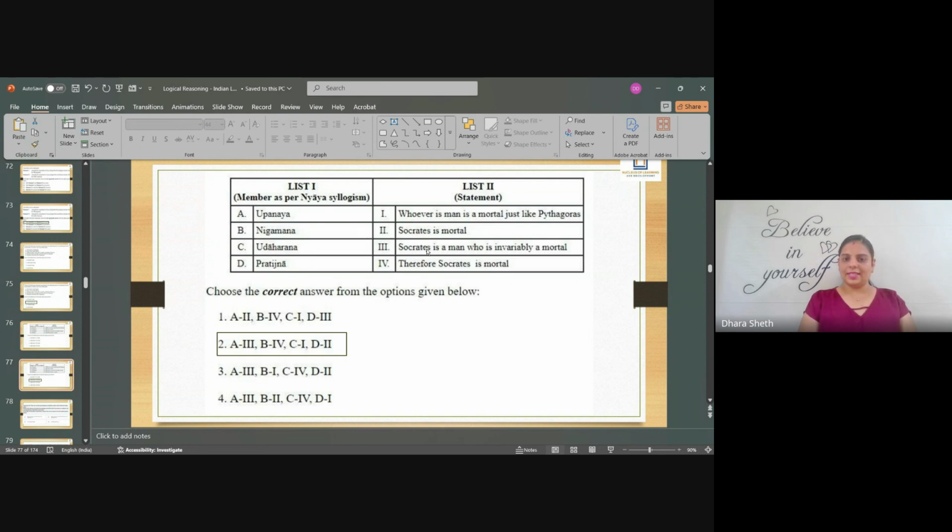This is Upanay. This is your proposition. Then there should be Hetu. Socrates is a mortal. Socrates is a man. Whoever is a man is a mortal, just like Pythagoras. Therefore, Socrates is a man who is invariably a mortal. Therefore, Socrates is a mortal. This is how the 5 steps of syllogism would go.